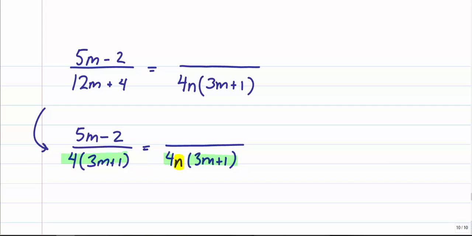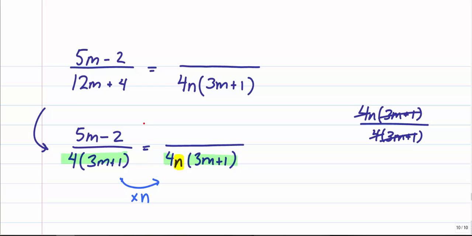The 4n, right? Again, if you were to take your denominator and the one we just had, if you were to divide these, you would be left with n. And so that means that what I've multiplied by here was n. So now I've got to multiply the top by n. But I've got to multiply both of these by n. So 5m times n is 5mn minus 2 times n, which would be minus 2n.